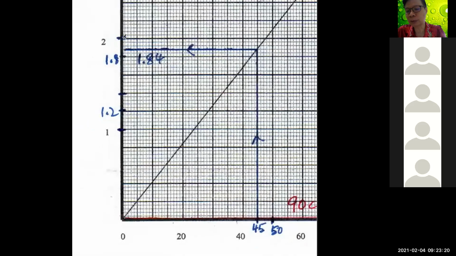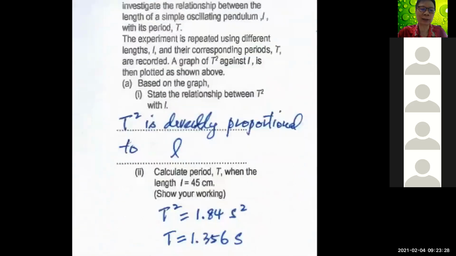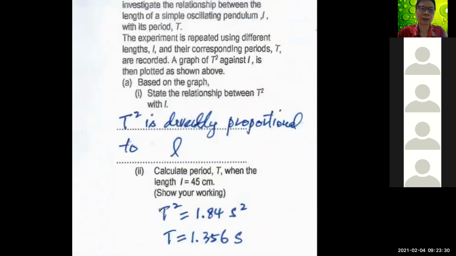So what are you supposed to do? Square root it. Correct, thank you. So you show your working like that. T squared you get from the graph is 1.84 s squared. Then you square root it, so you get 1.356 seconds. Square root of s squared, you get s only.